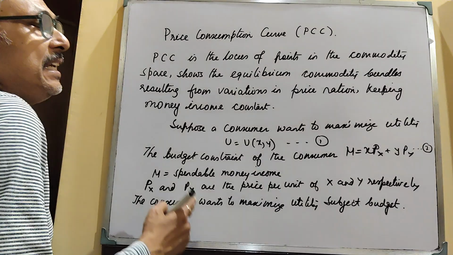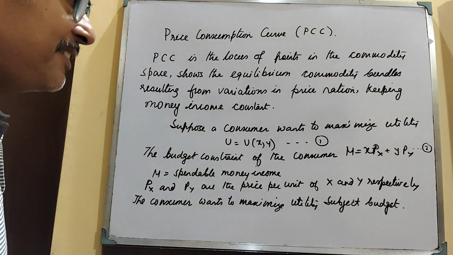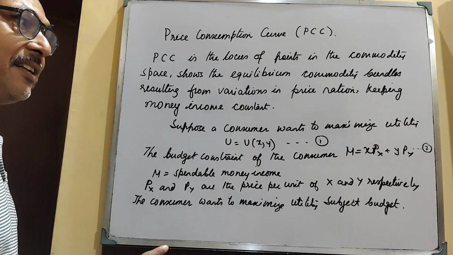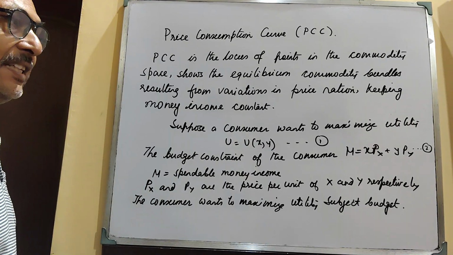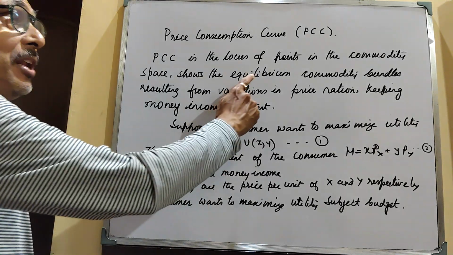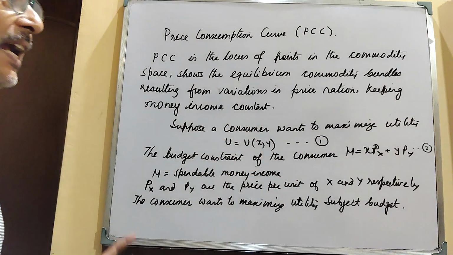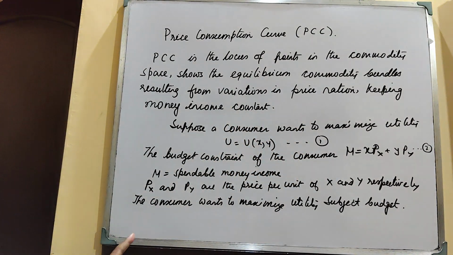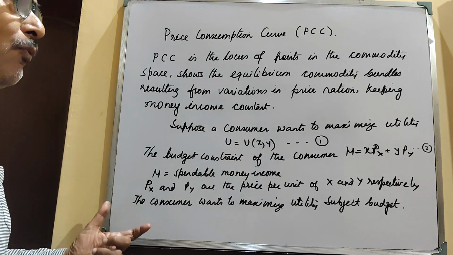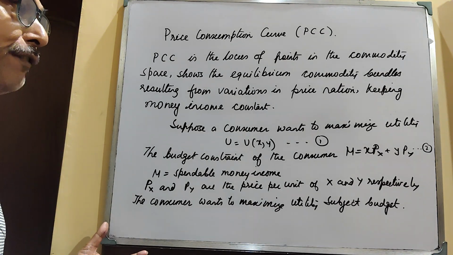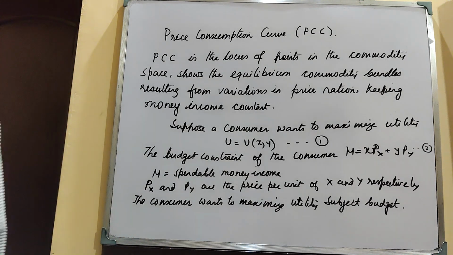We know the equilibrium condition is that the indifference curve and the budget line are tangent to each other. The equilibrium commodity bundle will be attained where the indifference curve is tangent to the budget line. Tangency means the slope of the indifference curve equals the slope of the budget line.